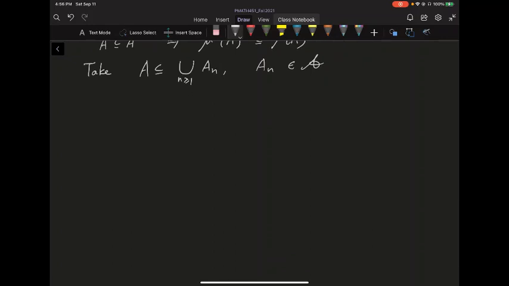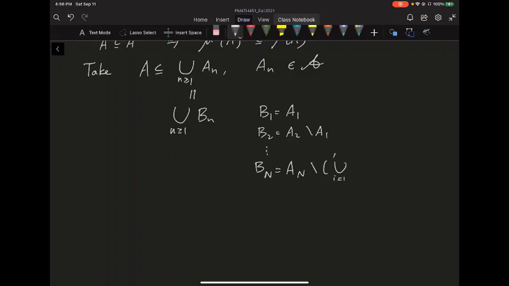So let's recall we can make this potentially non-disjoint countable union into a countable union of some B_n. Okay, so how we did that is that we let B_1 equal A_1, B_2 equal A_2 but not in A_1. And then the nth one, B_n, is just everything in A_n but not in the first n minus 1 of them.